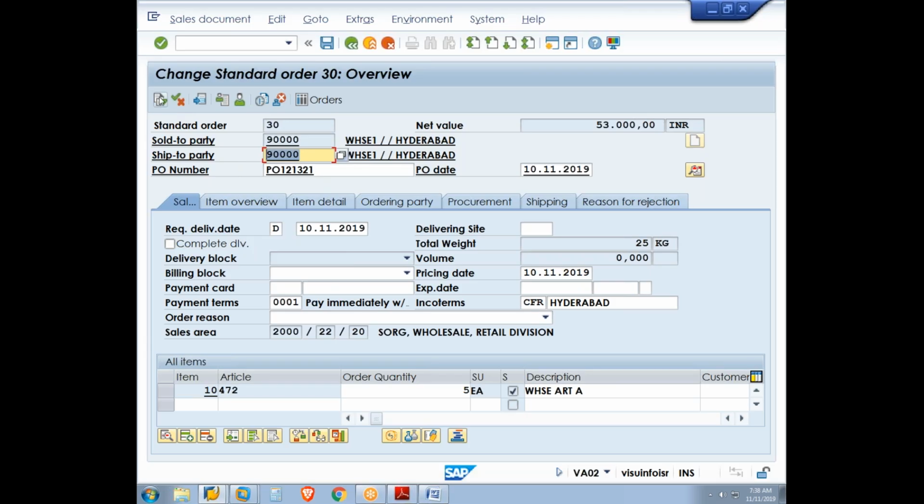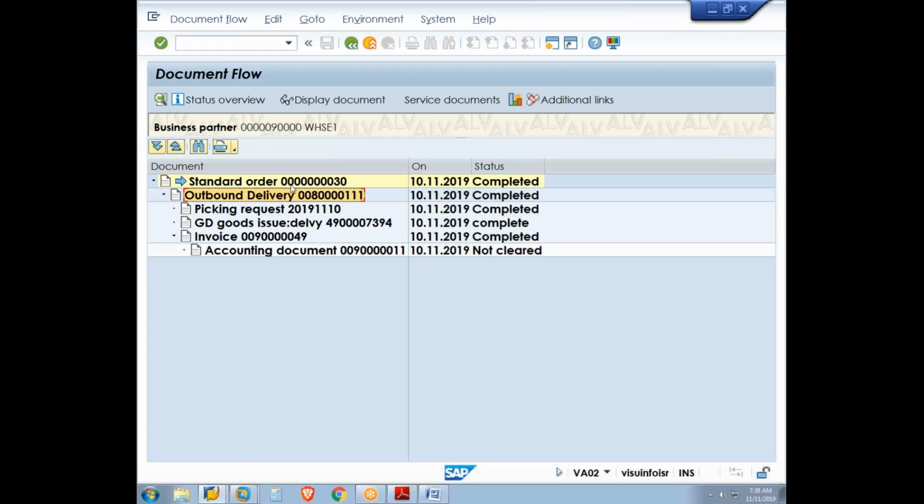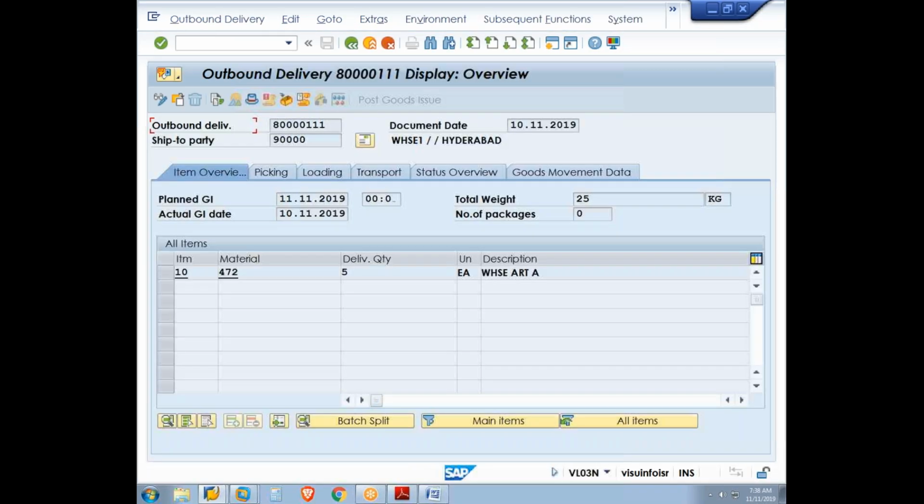Then we have prepared a delivery document. A delivery document was prepared for the particular order, and in the delivery we have entered the particular customer number as 90,000. Of course, here the customer is acting as a ship-to party. In the order we call it the sold-to party, in the delivery we call it the ship-to party. 90,000 is the actual number of the customer.